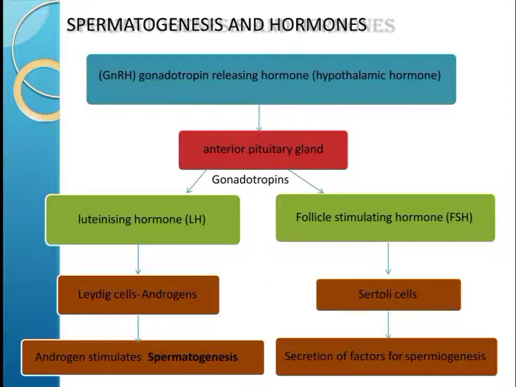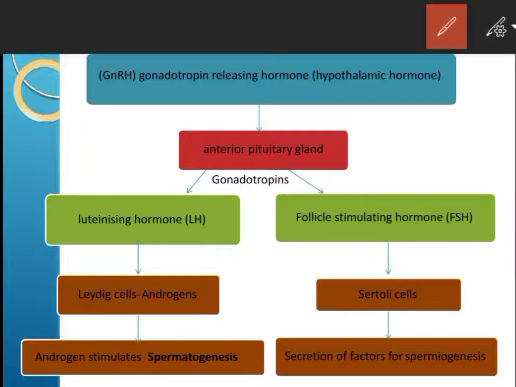Right, now spermatogenesis and hormones, or hormones essential for spermatogenesis. Spermatogenesis initiates due to a significant increase in the secretion of gonadotropin releasing hormone, that is GnRH, by hypothalamus at the age of puberty.